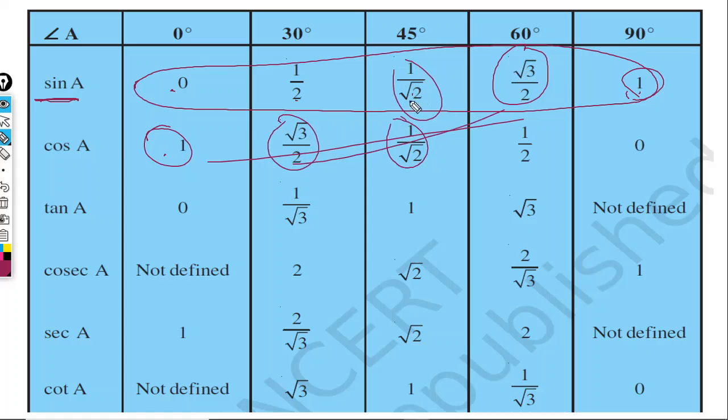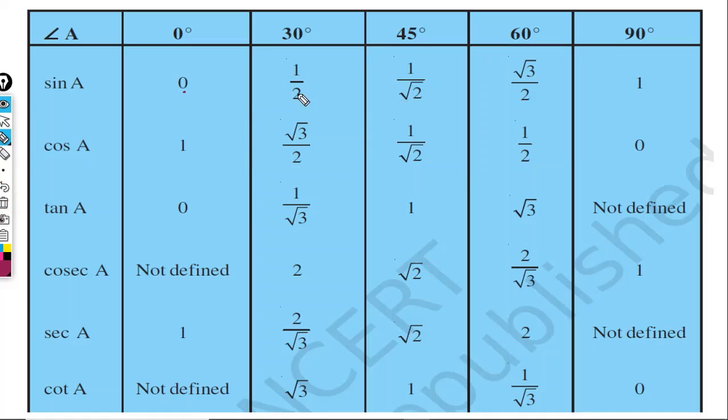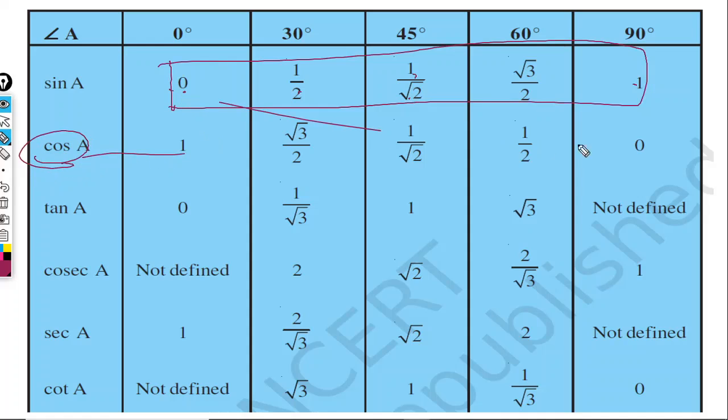Sine and cos both are the same. So in other words, 0, 1 by 2, 1 by root 2, root 3 by 2 and 1 in sine is reversed in cos A: 1, root 3 by 2, 1 by root 2, 1 by 2, 0.